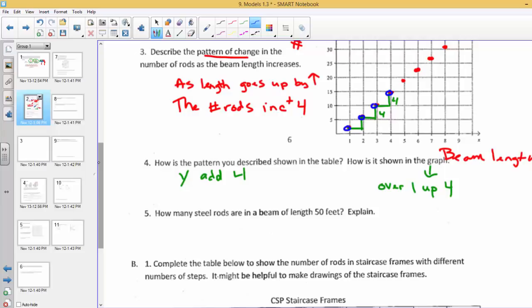So you can either write an equation. You can figure out how many more times to get 50, so how many 4s you add. You could somehow extend the table or the graph, but that seems quite a bit of work.